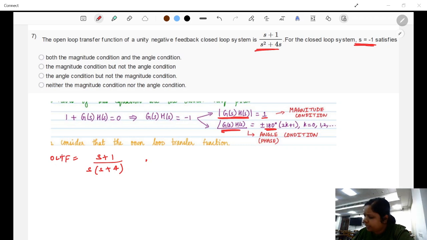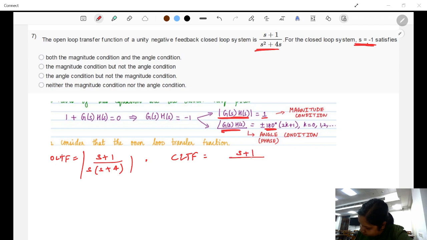Or there could be another way also, where we find the magnitude of this, then also it would work. But let's say we find the characteristic equation. The characteristic equation should give me that the magnitude is 0. So we'll find the closed loop transfer function first. What would it be?